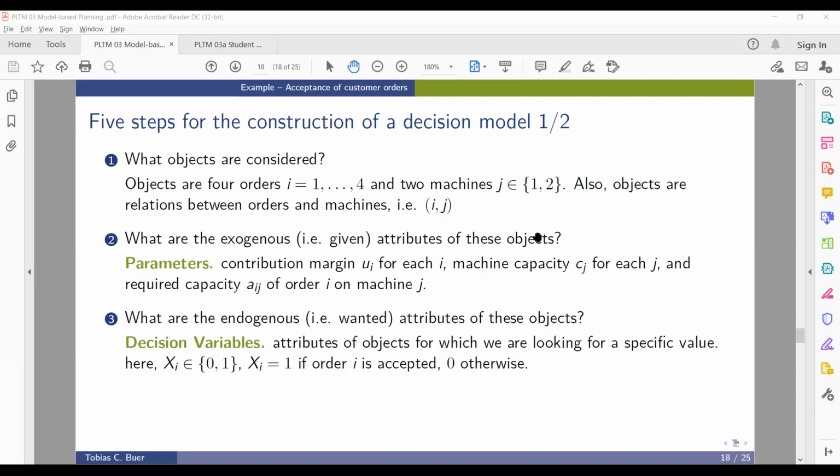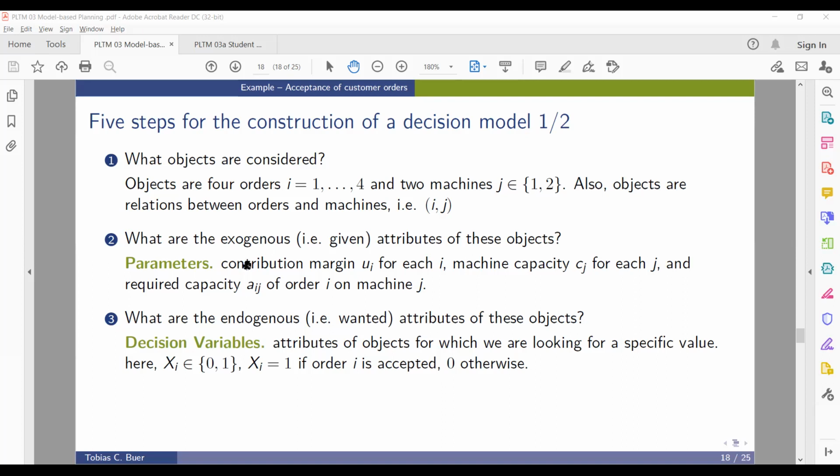And then we look at the attributes of these objects. In number 2, what are the given attributes, or we call these exogenous attributes? Another word for this from the mathematical language is parameters.